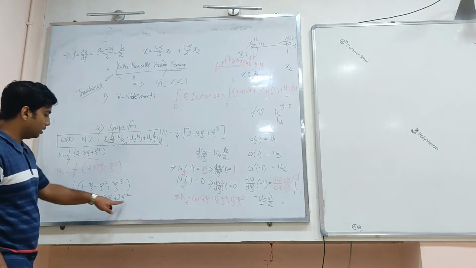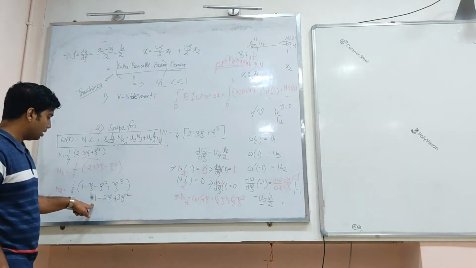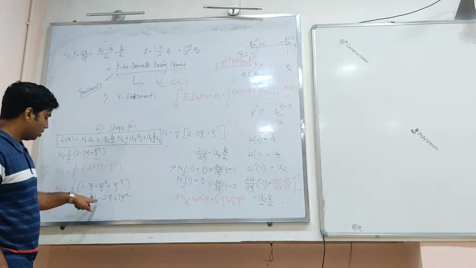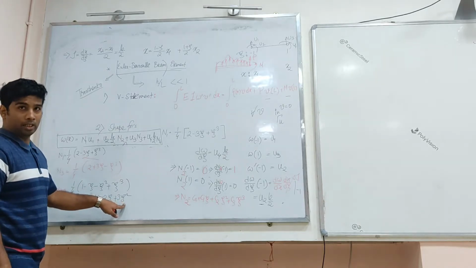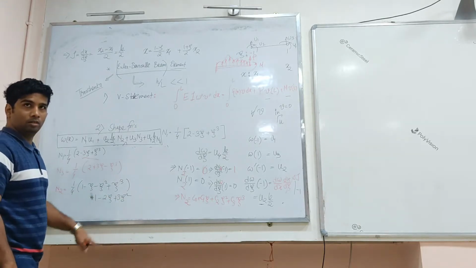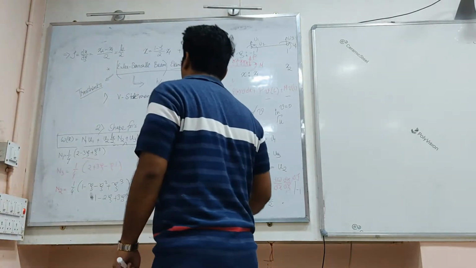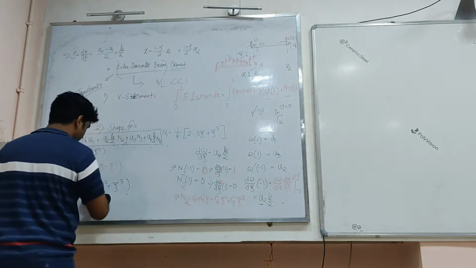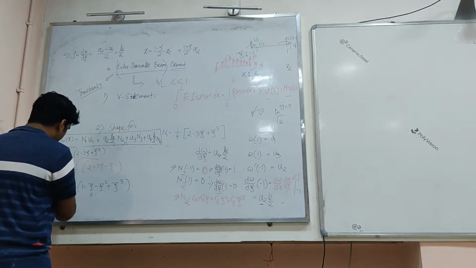If I take xi equals 1, this should be 0. But if I take xi equals minus 1, then it is 1 plus 2 plus 3, so 4. Now, again try that for n4.